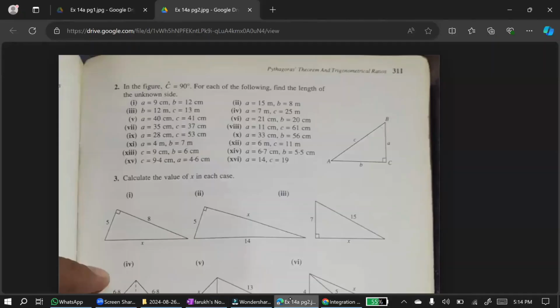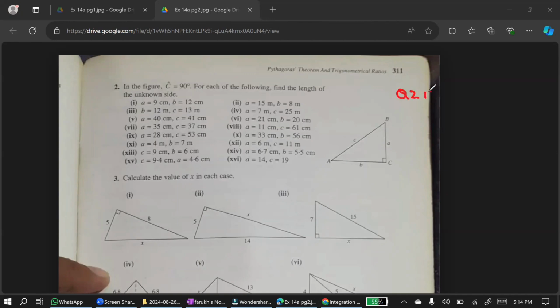Now we will attempt question number 2 of exercise 14A. In the diagram, we can see triangle ABC. For this question, we will draw the diagram on the notebook separately.